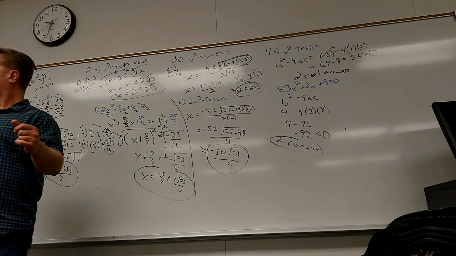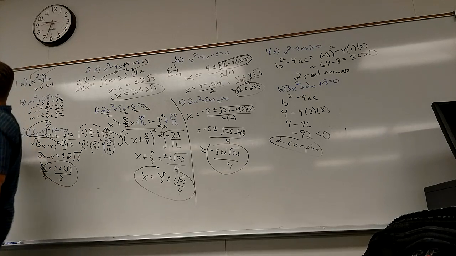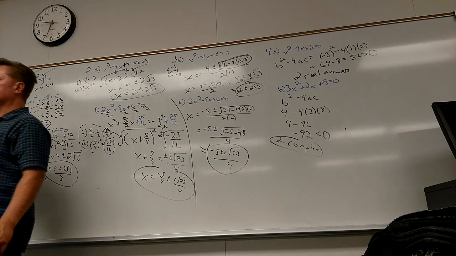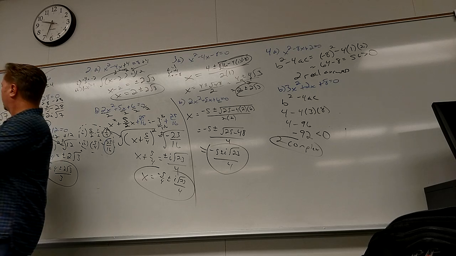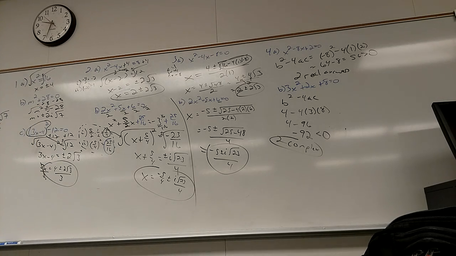Where'd you get the 4ac? From the formula. B squared minus 4ac is the piece that is in the square root. So look, can you tell me if this number I'm writing right now is complex or real?